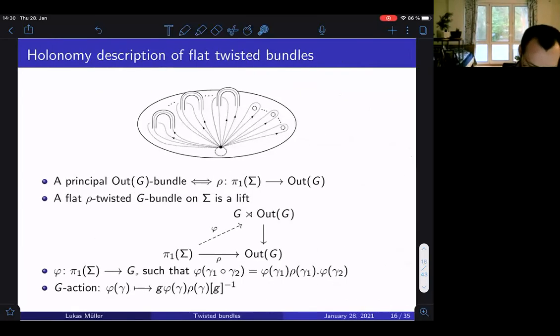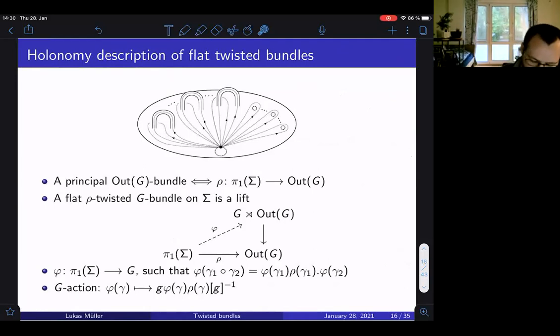Okay, and since I already started talking about flat bundles, I will now give you a more hands-on description. You probably all know that flat G bundles on the surface can be described by representations of the fundamental group up to conjugation. And the same is true for twisted bundles, but with a twist in the representation.